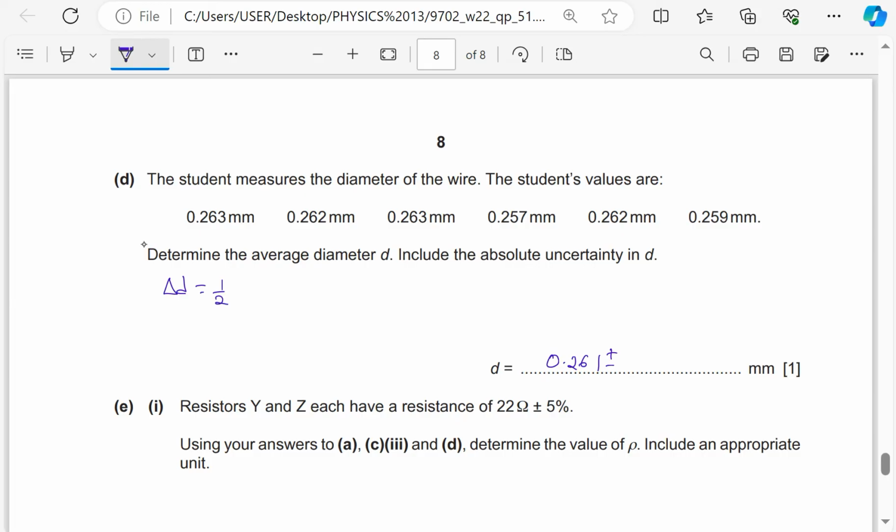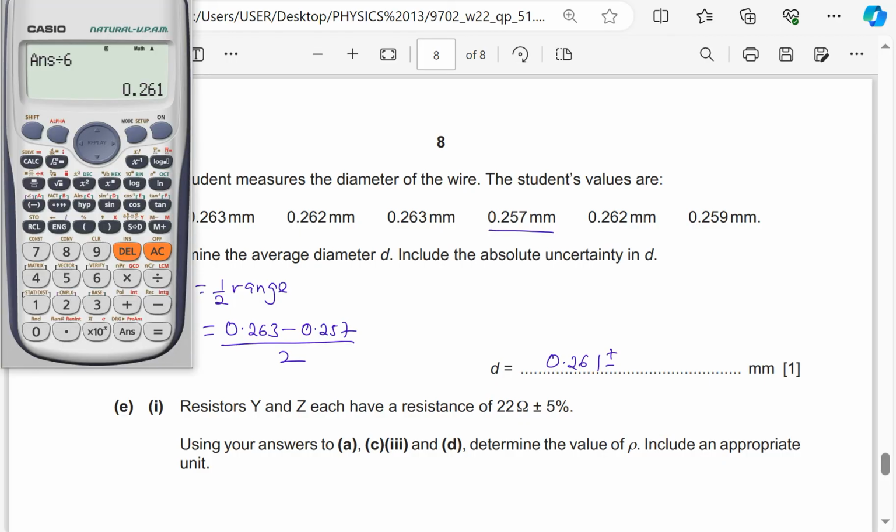So the average is 0.261 plus or minus the uncertainty, of course, the absolute uncertainty in D is going to be half of the range. The range is the highest, which is 0.263 minus the lowest, which is, I think, this one, 0.257, then divide this by 2.